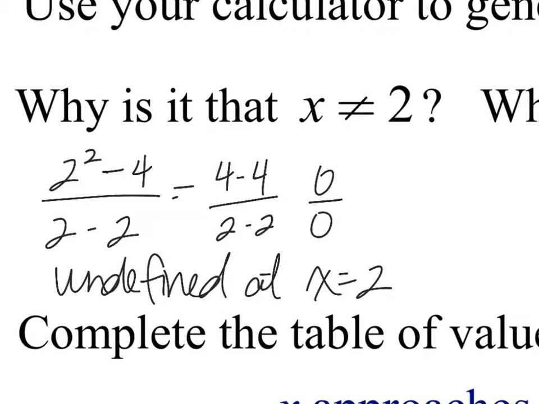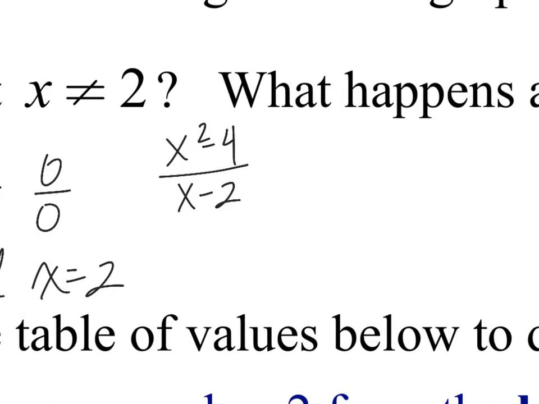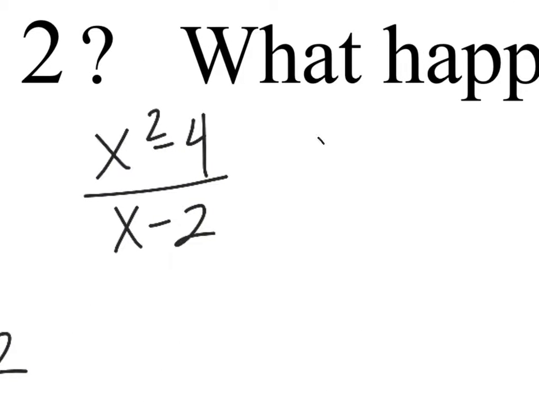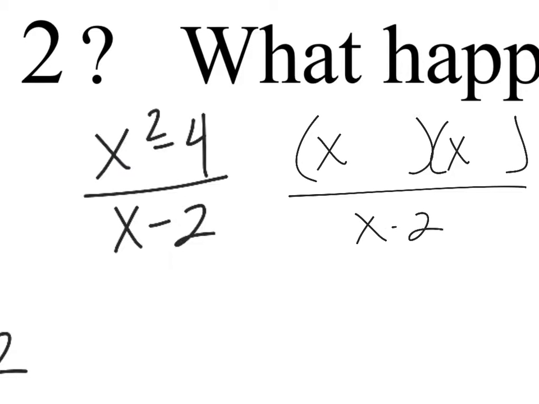Well, let's think about this function, x squared minus 4 over x minus 2. Can we factor the top? I think we can, and the bottom stays the same. So let's just factor the top.